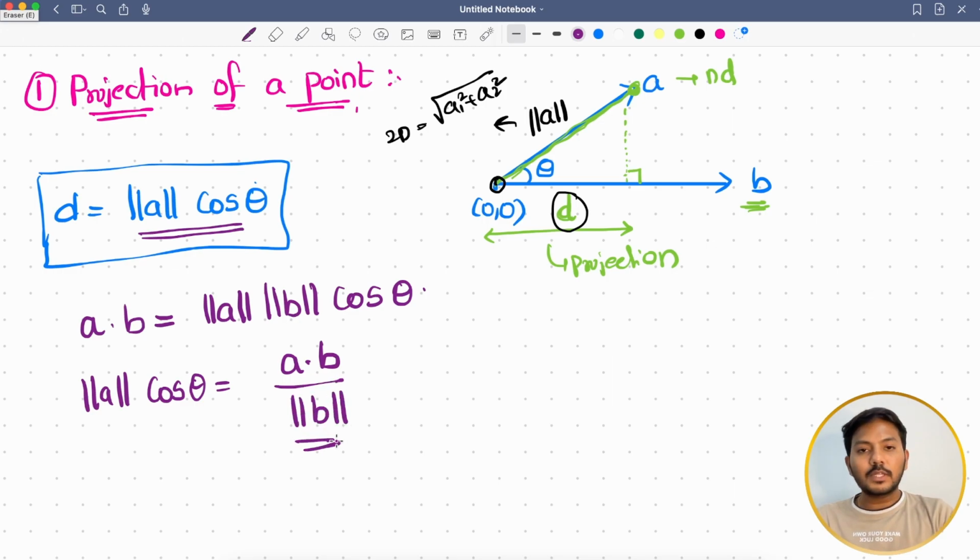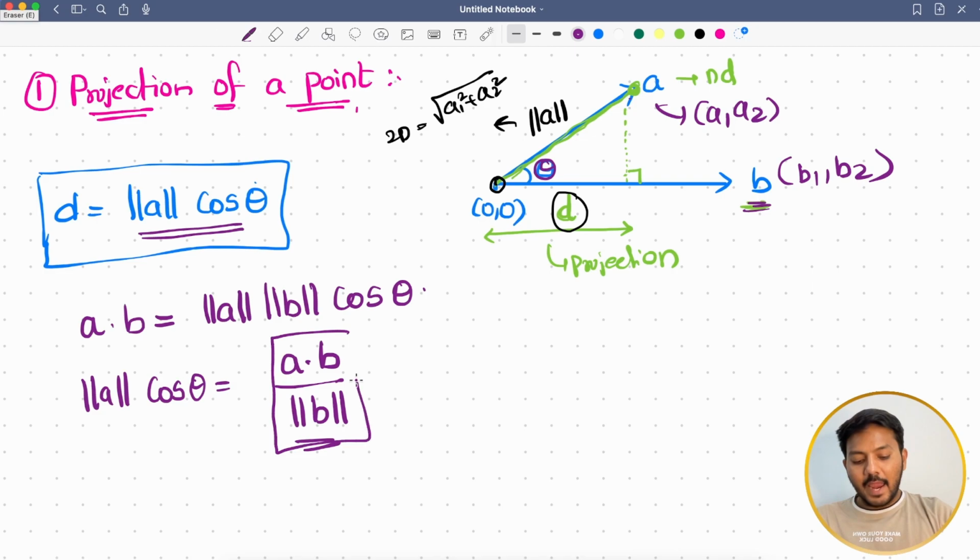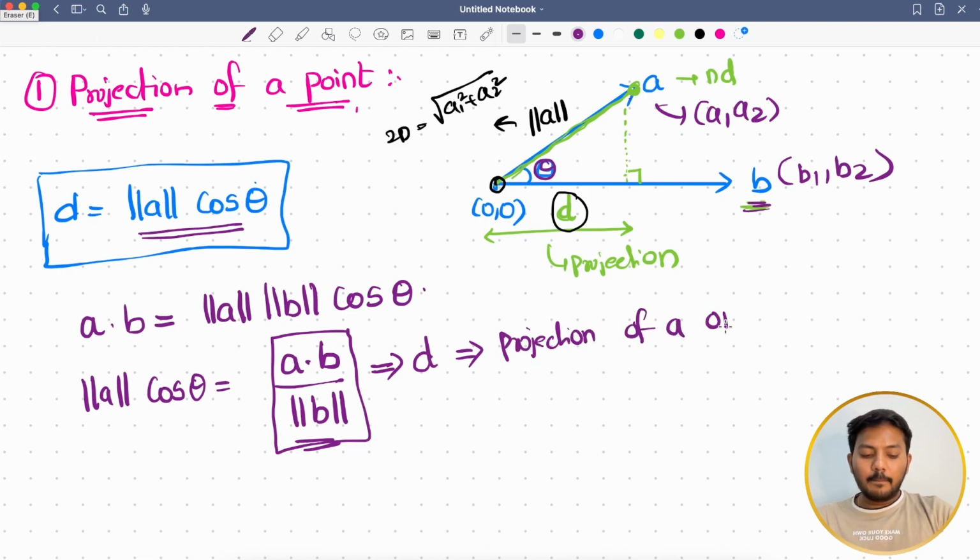So if I know the points A and B, let's say A1 and A2, and B1 and B2, even if I don't know the theta or the angle between these two points, I can compute the projection of A onto B by using this formula, A dot B by modulus of B. So this would be your D, which is equal to projection of A on B.